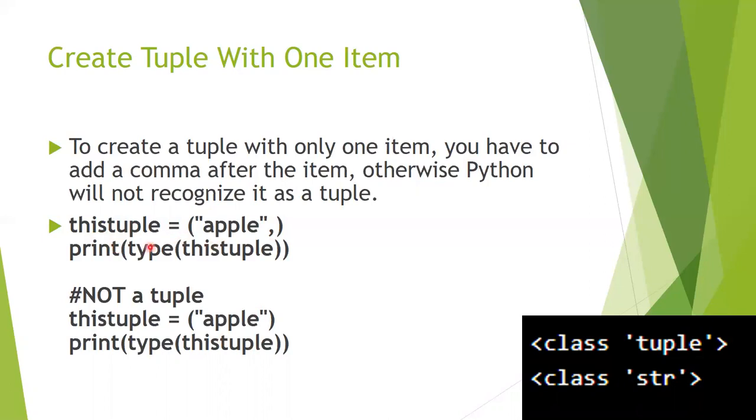I have created a tuple containing only the element apple and written a comma after this. If we check the type of this element, it shows as tuple. But if we don't write a comma after the element, then the type will be string.